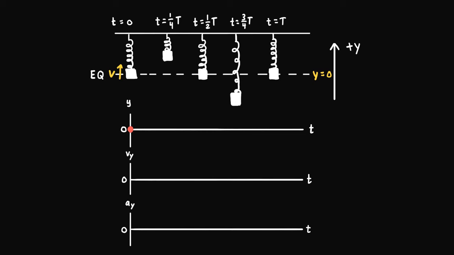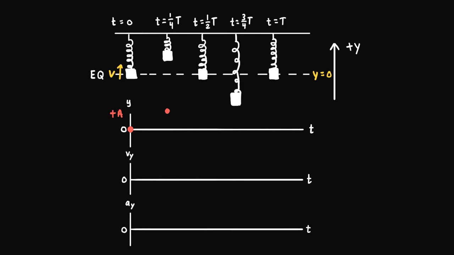At t equals 1/4 of the period, the object is at its maximum compression. It's at the distance furthest away from equilibrium. It's at its maximum displacement, which is its positive amplitude, which I can indicate on the graph in that way.